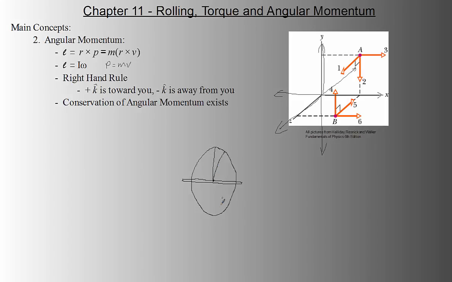I don't know if you can really see what I'm doing here, but if I were to draw an XYZ axis, the tire would be in the y-z plane. The z-axis is going to be essentially the tire. So here's the y-axis and the z-axis.